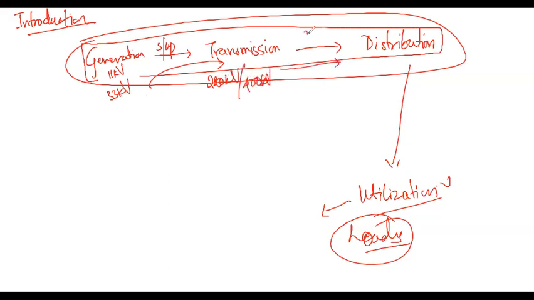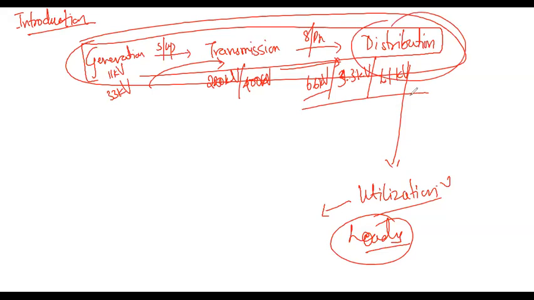Next, it is stepped down generally to 66 kilovolt at the substation level, and then to 3.3 kilovolt or 1.1 kilovolt. This 1.1 or 3.3 kilovolt is fed directly to big customers, big industries, or higher load conditions.